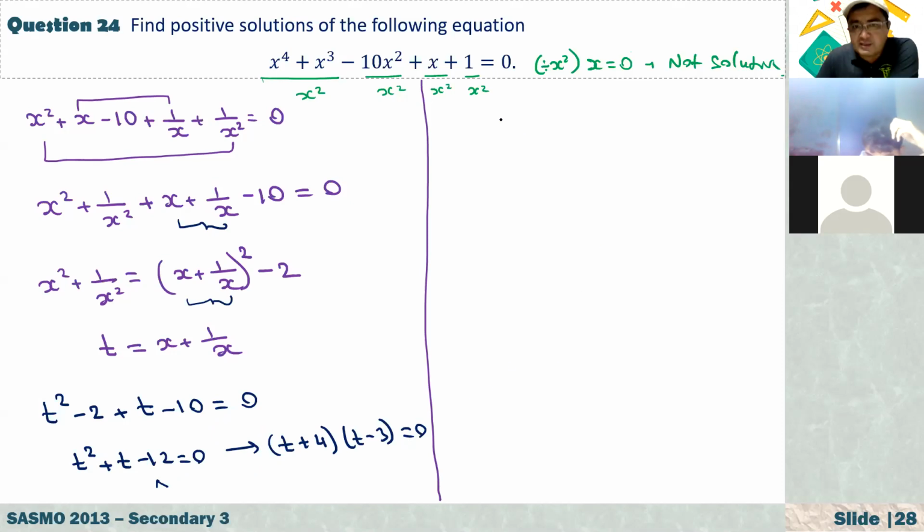Now I have two possible answers. That means that number one is, what is t? t is x plus 1 over x. That's equal to 3. The second one is negative 4. I will solve this a bit later. If x plus 1 over x is equal to 3, what is x?